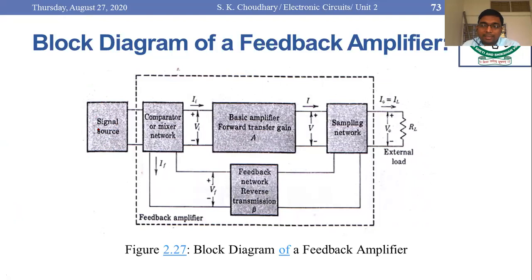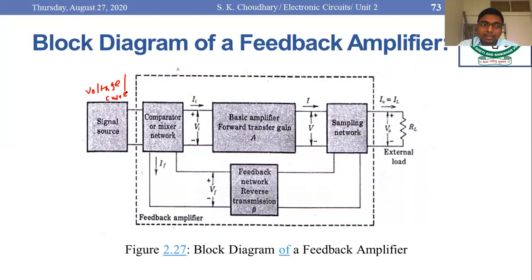If it is a voltage, then it is a Thevenin's equivalent circuit, meaning Vs in series with Rs. If it is a current, then Is in parallel with Rs, a Norton equivalent circuit. So this signal source could be a voltage or could be a current. This is the first element of this basic block diagram of the feedback network.